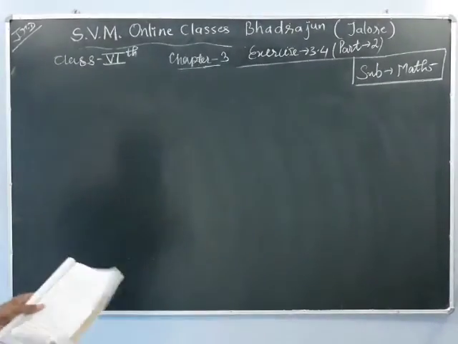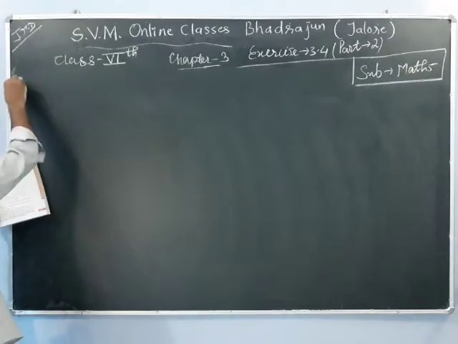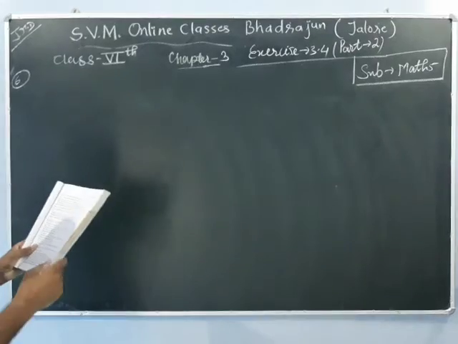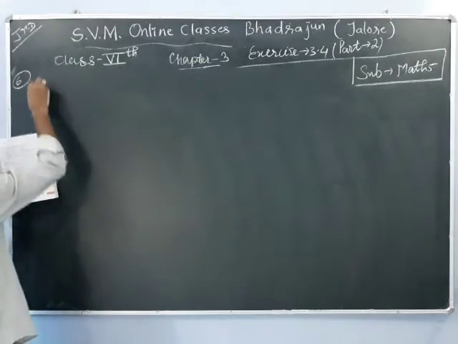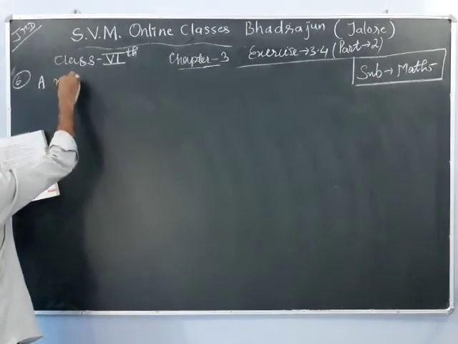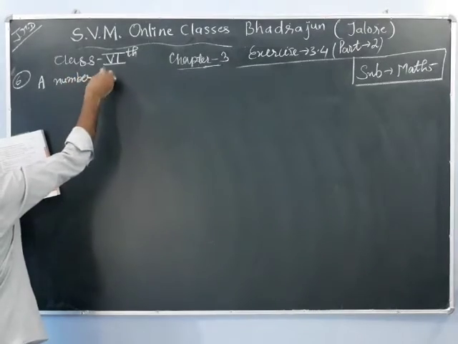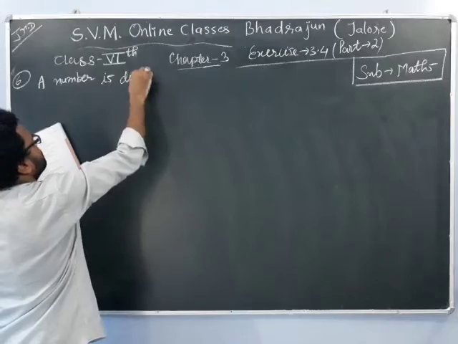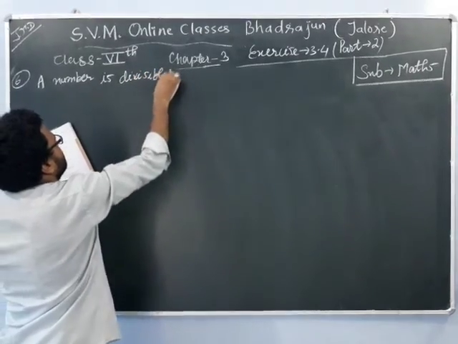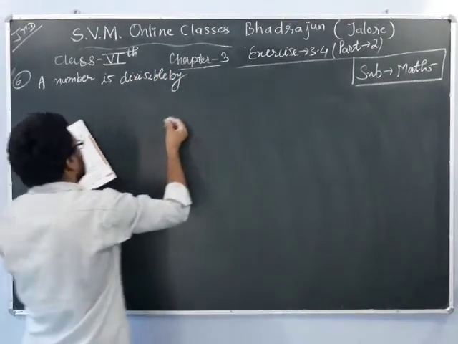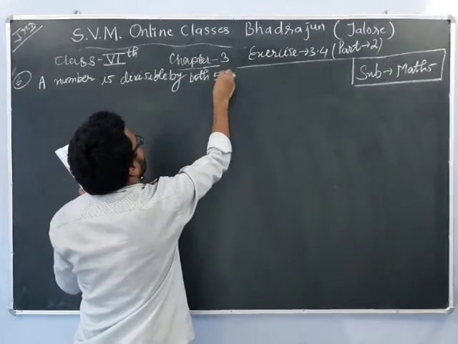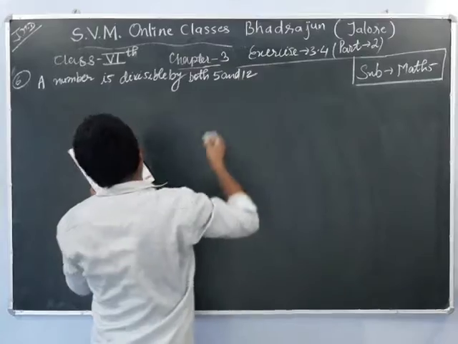Question number 6 is, a number is divisible by both 5 and 12.